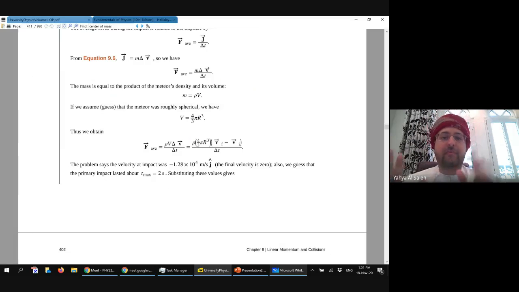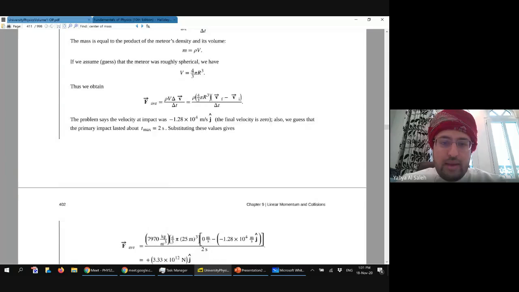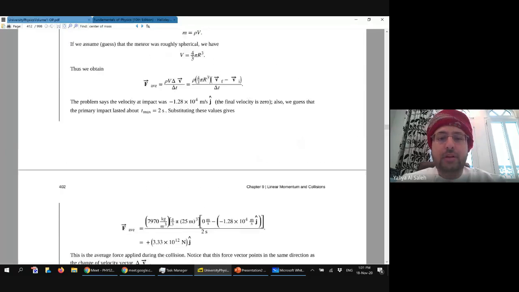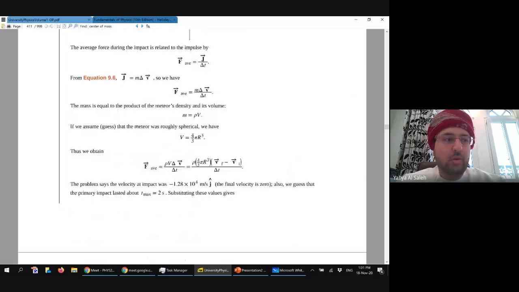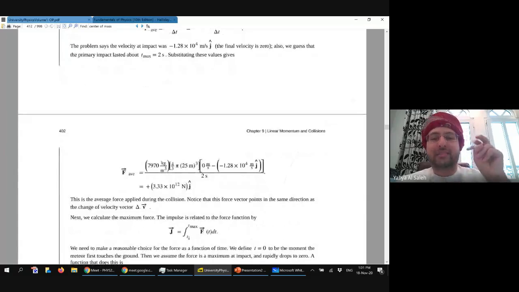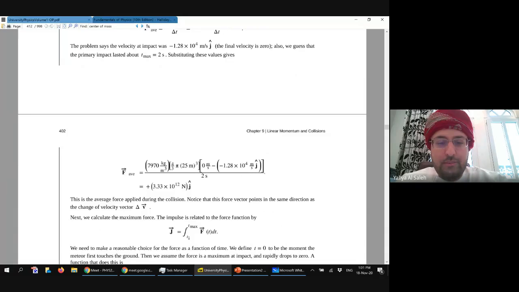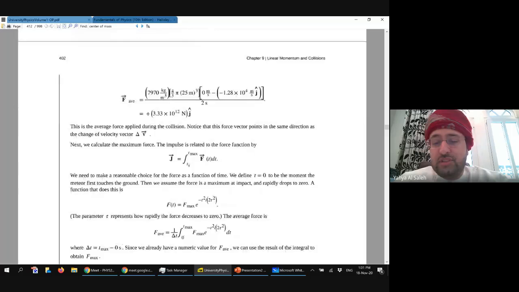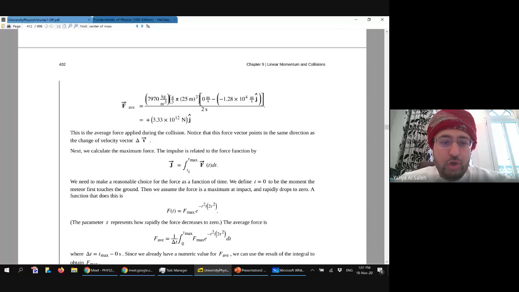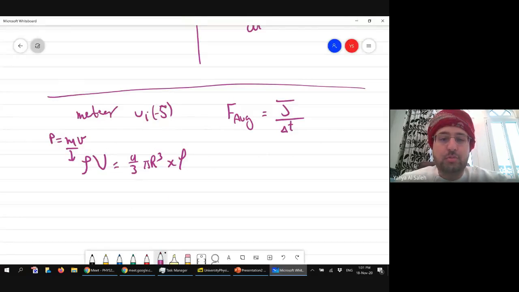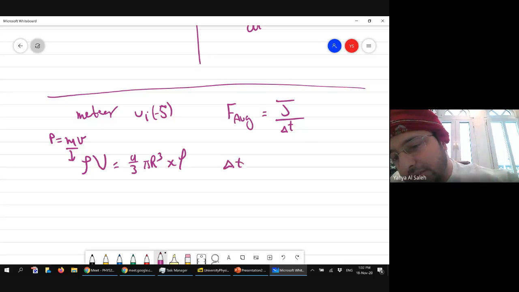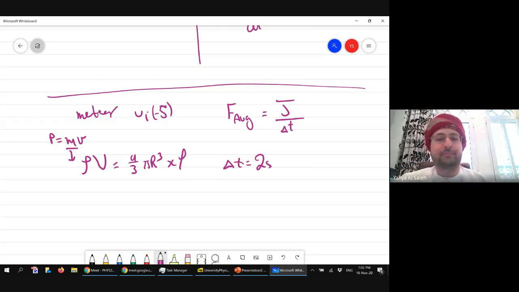Now I have my full shebang. There's one key component which the question doesn't give you and which they just guess in the answer. I really don't like guesswork, but since they haven't given it to us, we have no choice but to accept what they're guessing. So delta t equals 2 seconds. So let's do it.